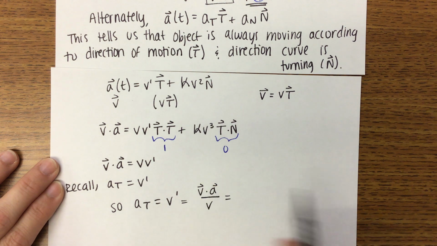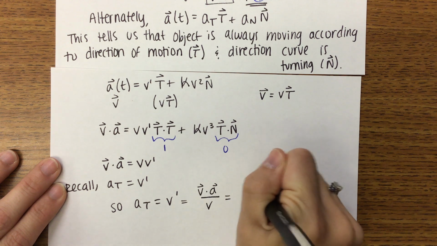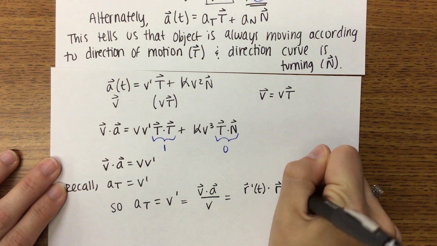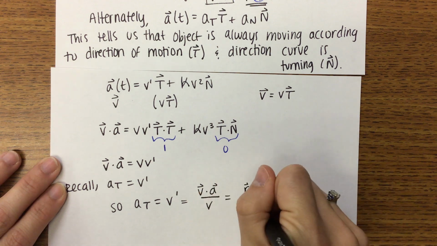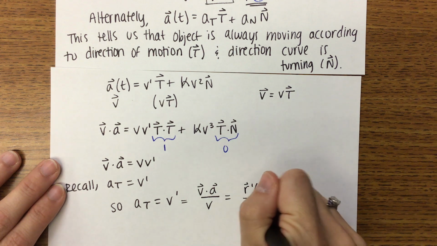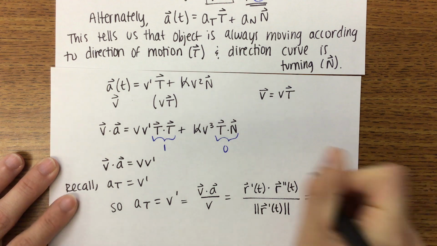Now this is shorthand, so I want us to write out what that fully means. Velocity is really r prime. Acceleration is r double prime. And then v, remember, is the length of the velocity vector, in this case the length of r prime. That is how you find A_T.